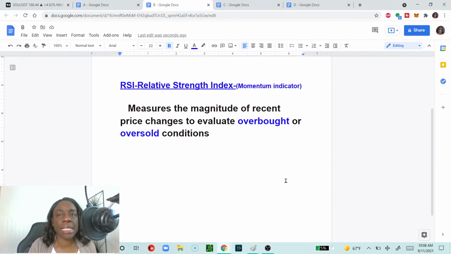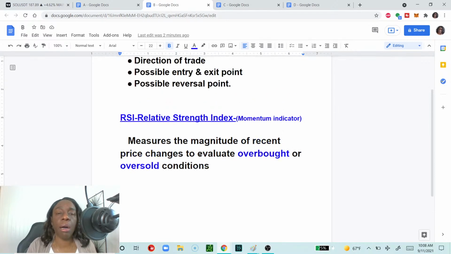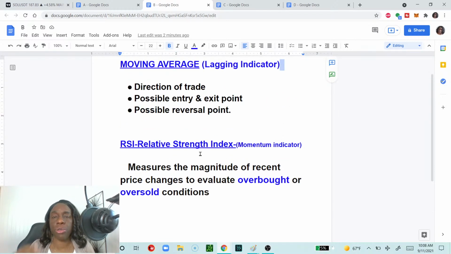So just like I wrote here, it measures the magnitude of recent price changes to evaluate overbought or oversold conditions. So these two points, being overbought and oversold, are two setups that can inform us of how we want to trade.